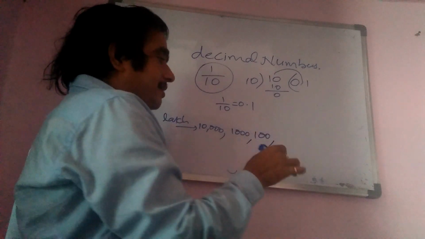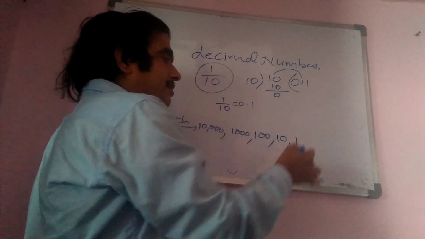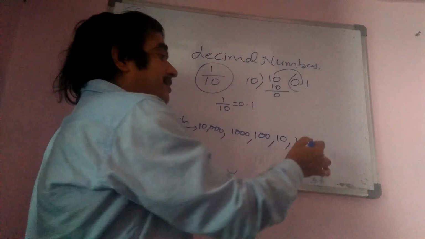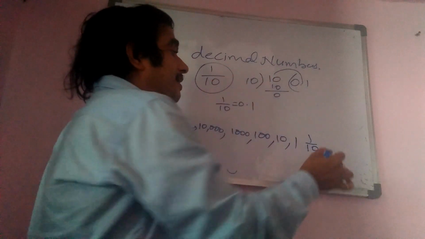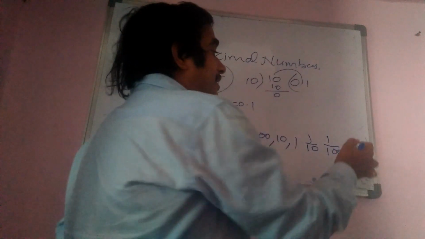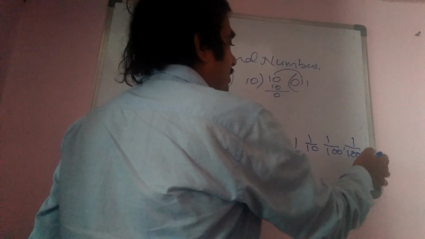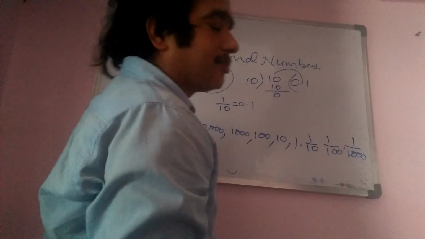In 100, the 10th part is 10. In 10, the 10th part is 1. In 1, the 10th part is 1 by 10. In 1 by 10, the 10th part is 1 by 100. In 1 by 100, the 10th part is 1 by 1000. So from here onwards, the decimal number place values will start.